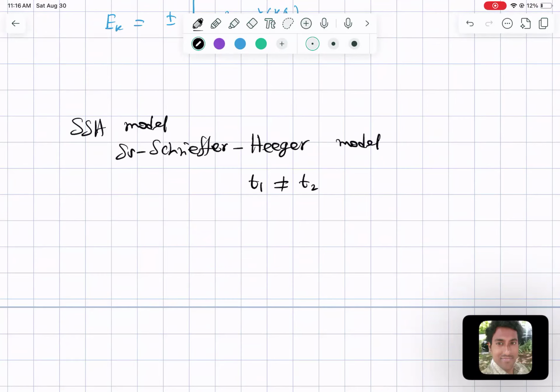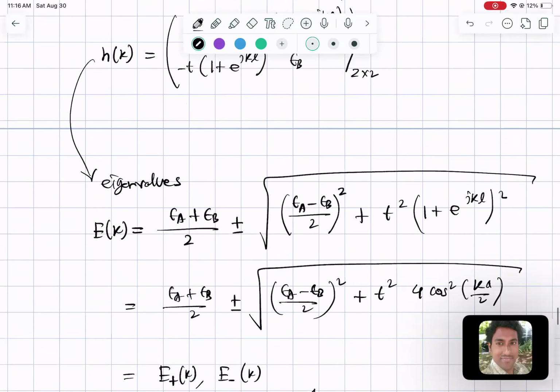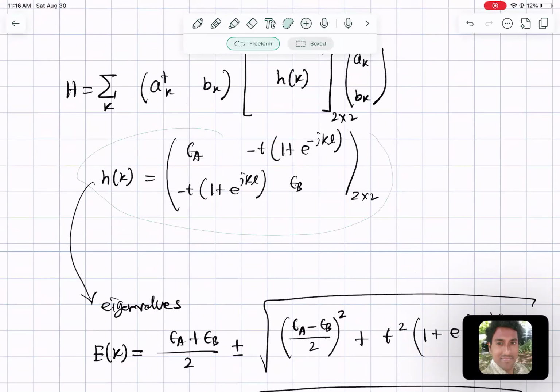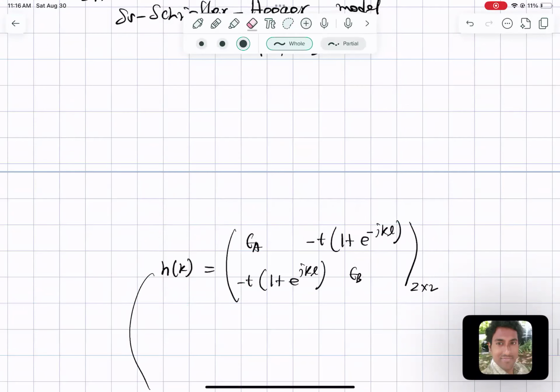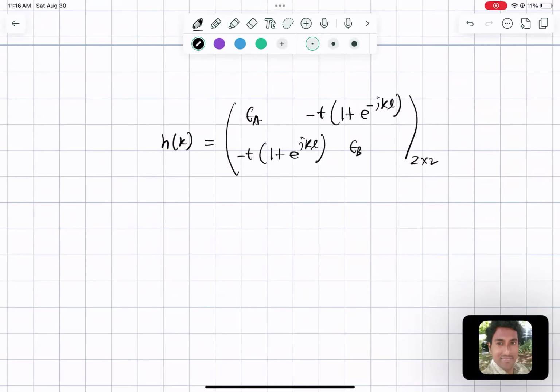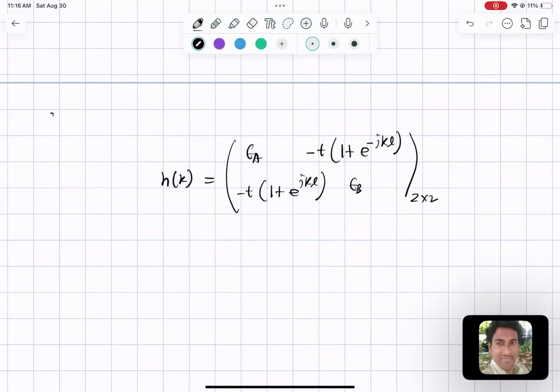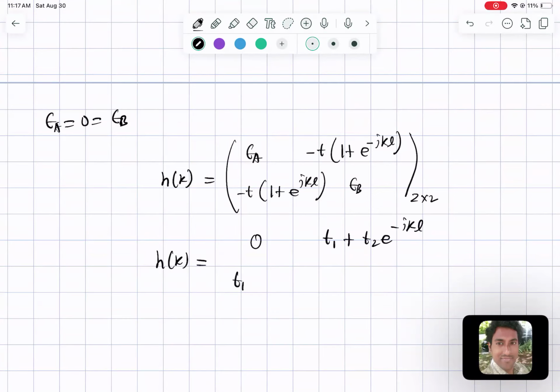Okay, that's it basically. So if you look at the Hamiltonian, we assume E_A equals 0 equals E_B, because that only creates constant shifts. And h of k for that case would be: 0, T1 plus T2 to the power minus ikL, T1 plus T2 to the power ikL, and 0.